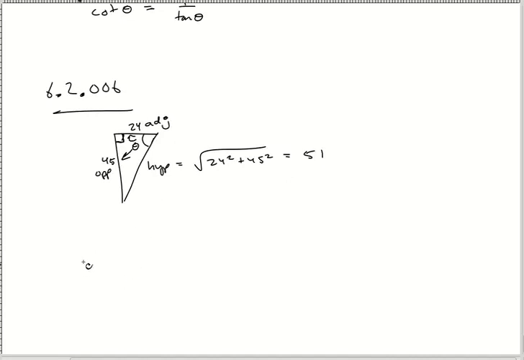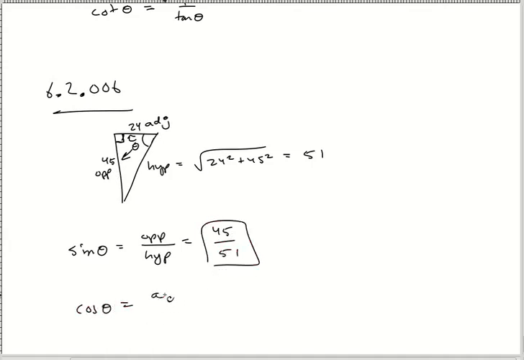So, I'm going to revert back to not x and y, but opposite and hypotenuse and all that kind of stuff. You can use either one, whatever's best for you. In this case, I think this is best. So opposite's the 45, hypotenuse is the 51. Cosine is, again, adjacent over hypotenuse.